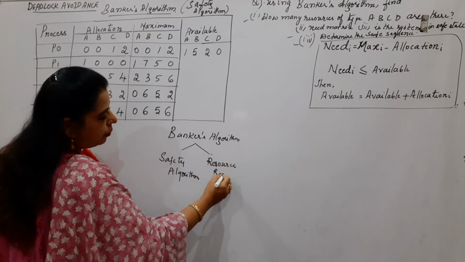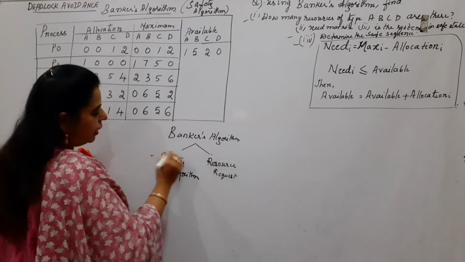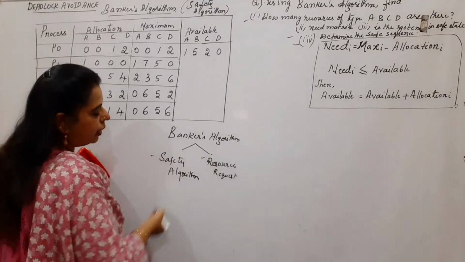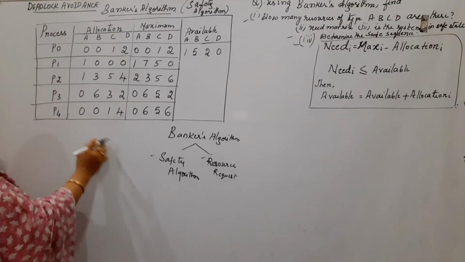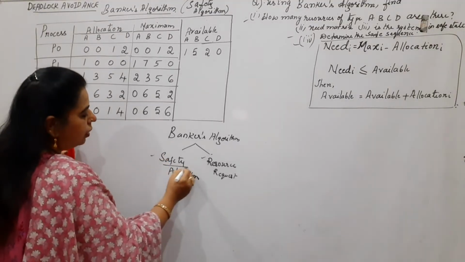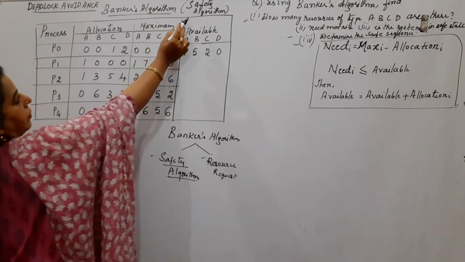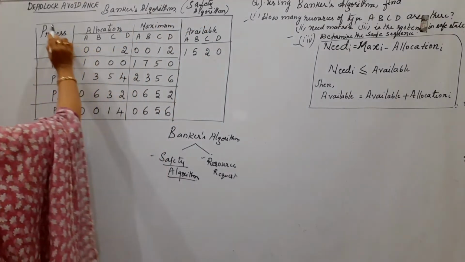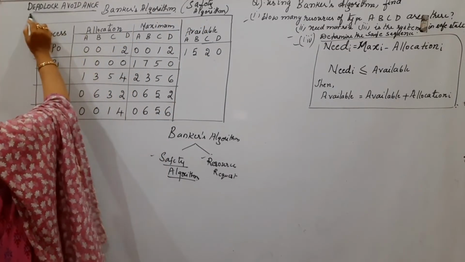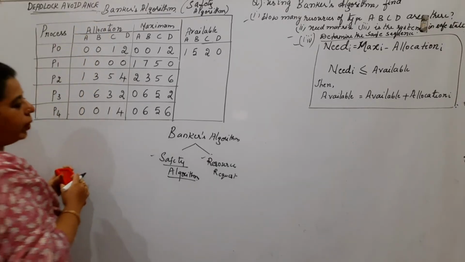So there can be a numerical on the safety algorithm or a numerical on the resource request algorithm. In this session I am going to explain a numerical using the safety algorithm. That's why I've written safety algorithm here in brackets. But the main title is Banker's algorithm, and this comes under the heading called deadlock avoidance.